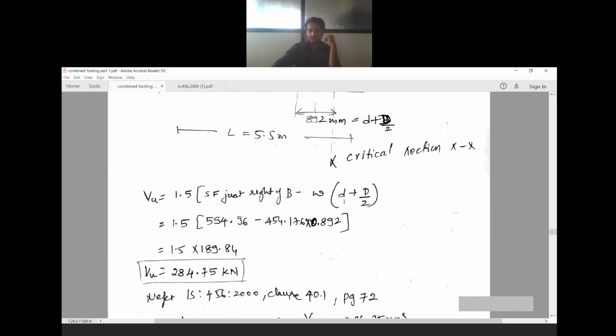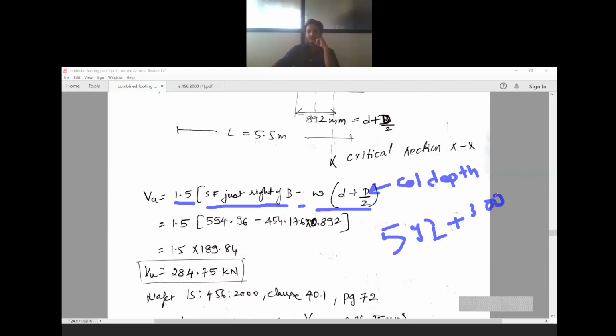We have one normal formula. Vu is equal to 1.5 for factor of safety, times the shear force just right of B, which will be maximum, minus w into (d plus d by 2), where this d by 2 is nothing but half the column depth dimension.